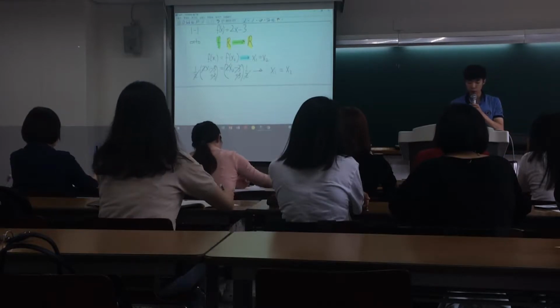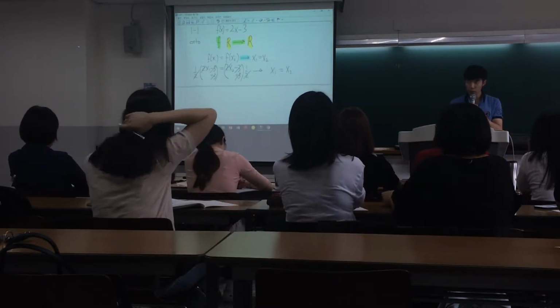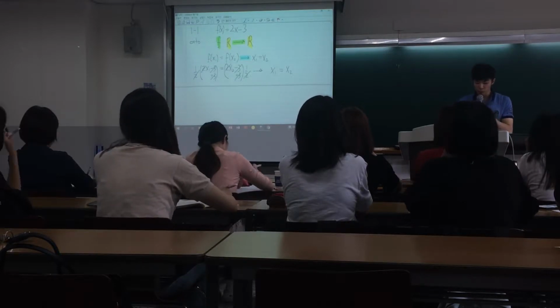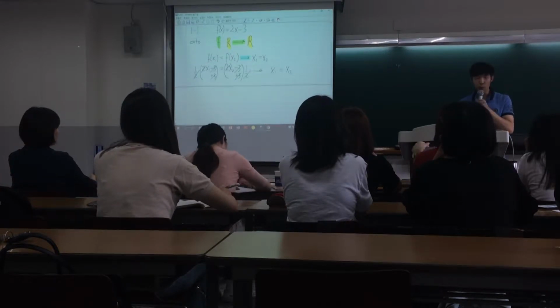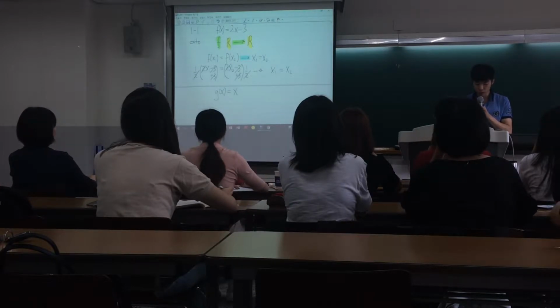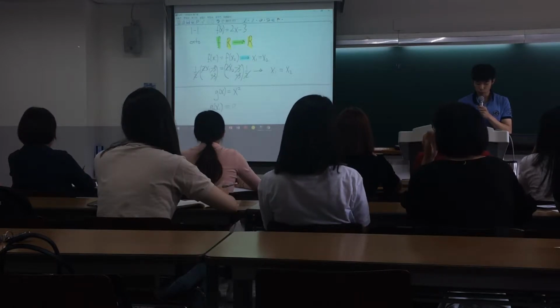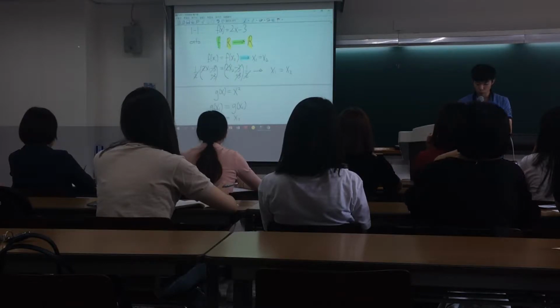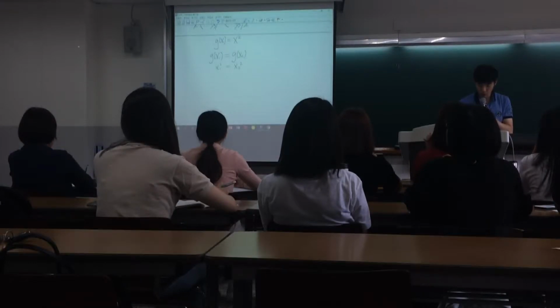I was confused at first when I learned this because I thought any function will be one-to-one if we apply this logic, but that isn't true. For example, if g of x is equal to x squared, let's try doing the same thing. g of x1 equal to g of x2, then we have x1 squared equal to x2 squared. Can we square root both sides and then get x1 equal to x2?